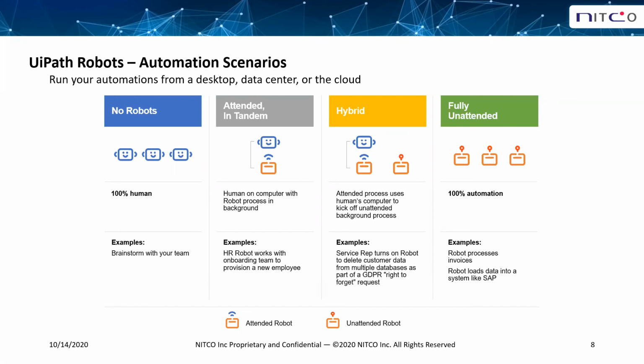Coming to unattended, this doesn't need any human interaction. It's totally automated, and you cannot even see what's happening inside the workflow, because these are run remotely on virtual machines. Let's say you have a process where you have to take a lot of static or dynamic information from a website, put it into Excel sheets, do some manipulation, and then upload it to your SAP.